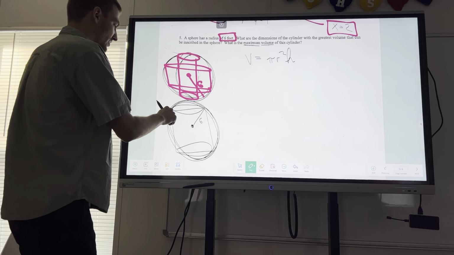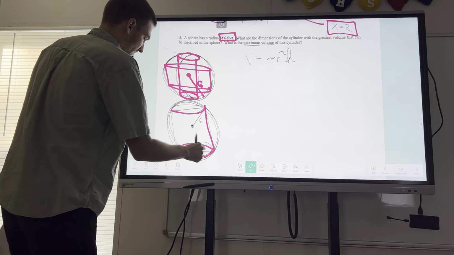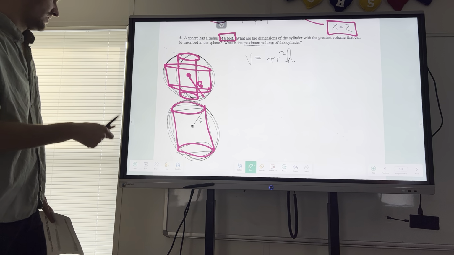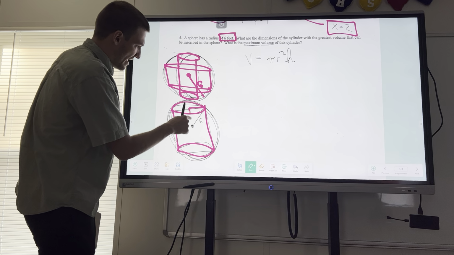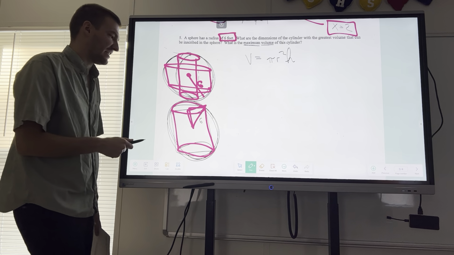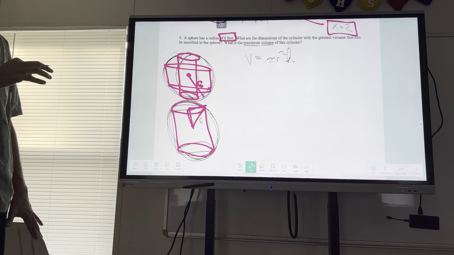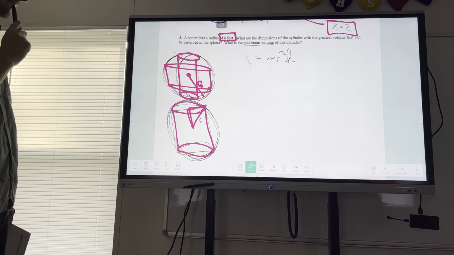Our cylinder, which is going to be touching the edge, maybe we could use this 6 radius and think of it kind of like a triangle, okay?